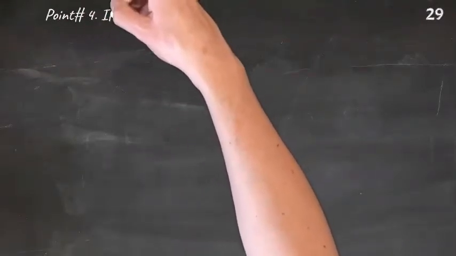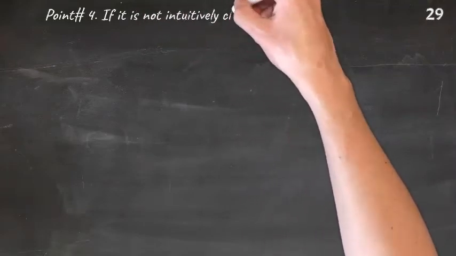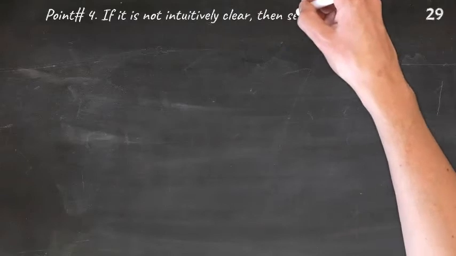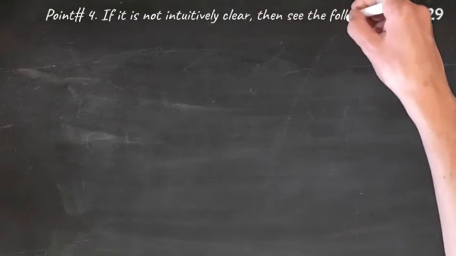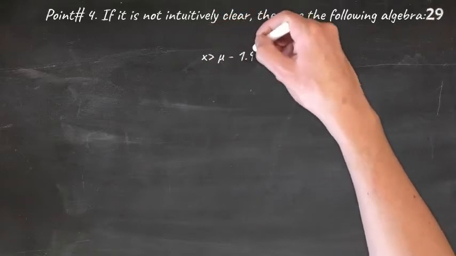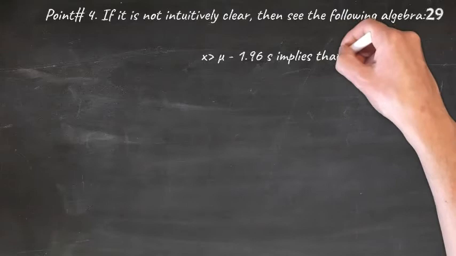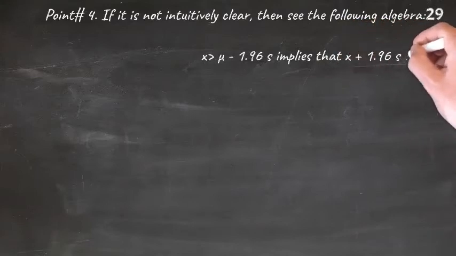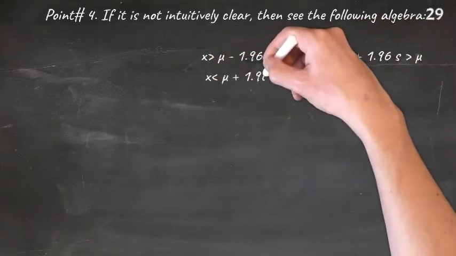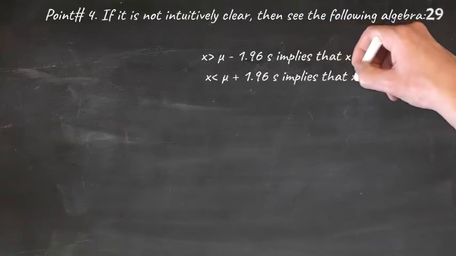If it is not intuitively clear, then see the following algebra. x is greater than mu minus 1.96 times the standard deviation, implies that x plus 1.96 times the standard deviation is greater than mu. x is less than mu plus 1.96 times the standard deviation, implies that x minus 1.96 times the standard deviation is less than mu.